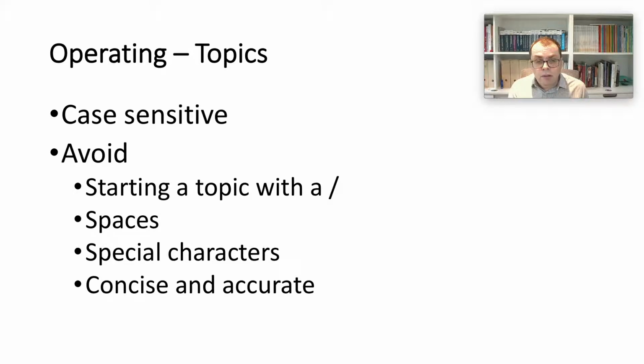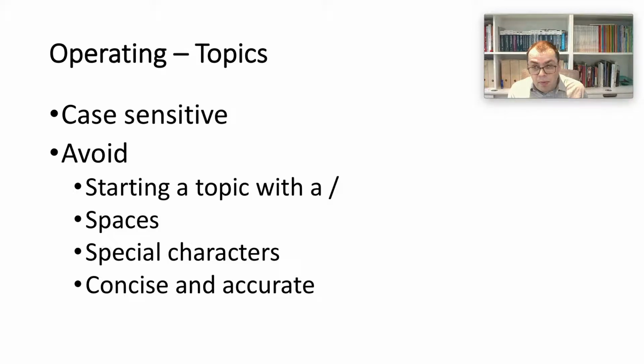There are a few limitations when you're creating topics. Topics are case sensitive. This is very important. Avoid starting a topic with a slash. In Unix or in Windows, this is mandatory, but in MQTT a topic does not have to start with a slash. If you use one, it's not going to work.